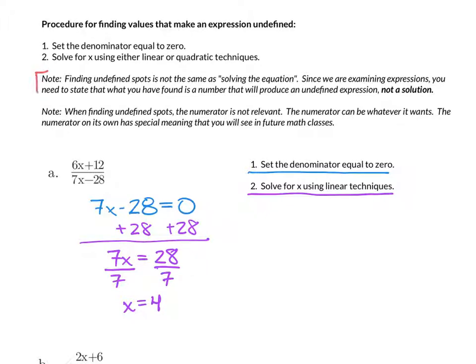Now, if we note the first note at the beginning, it says finding undefined spots is not the same as solving equations. Since we are examining expressions, you need to state that what you have found is a number that will produce an undefined expression, not a solution. So for example A, we want to go ahead and say when x equals 4, the expression is undefined.